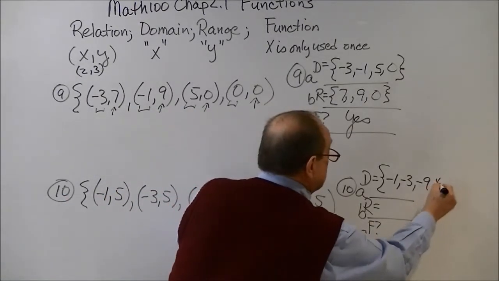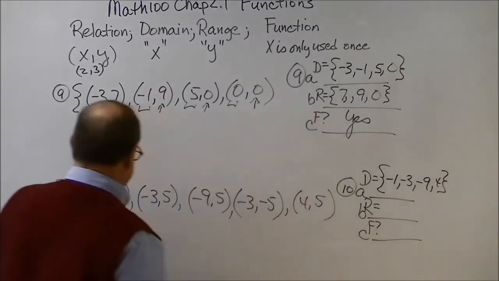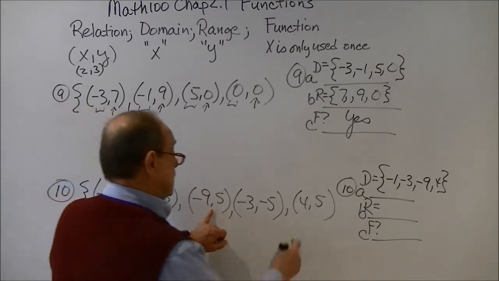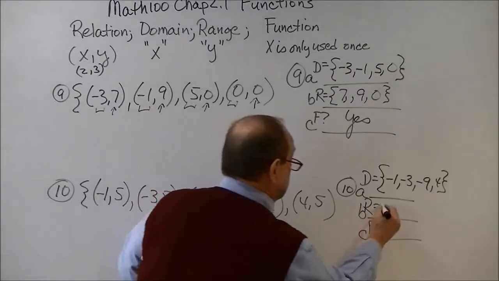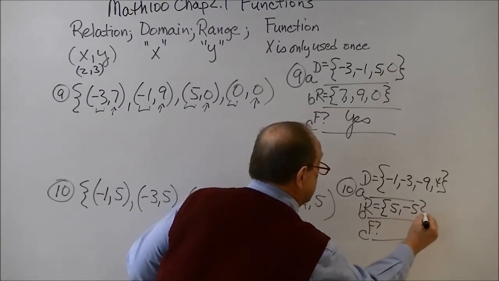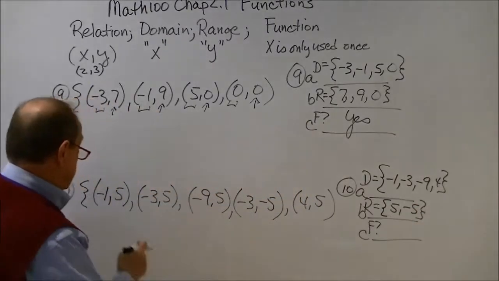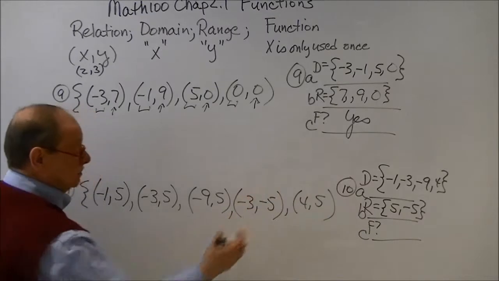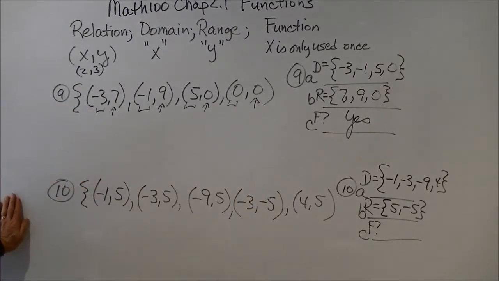And then a 4. And our range is 5, 5, 5, 5, and a -5, so it'll be 5 and a -5. If they're repeated, we don't list them.